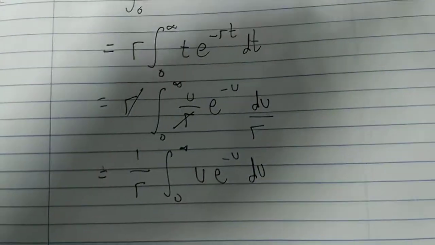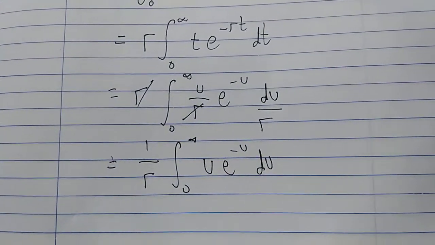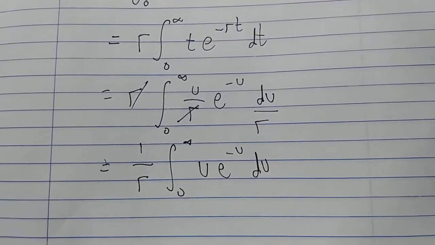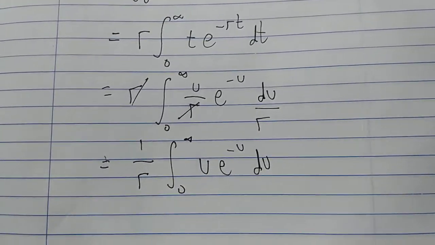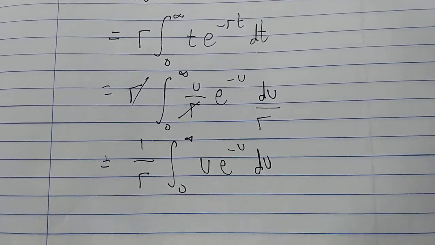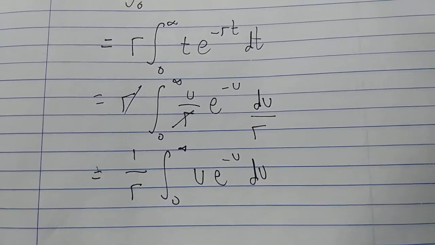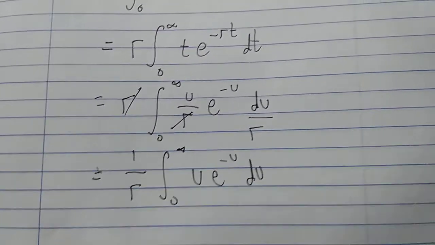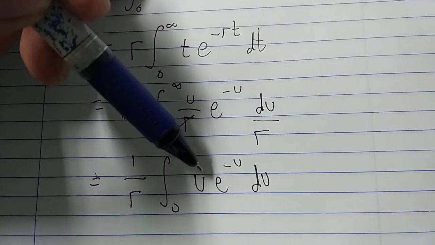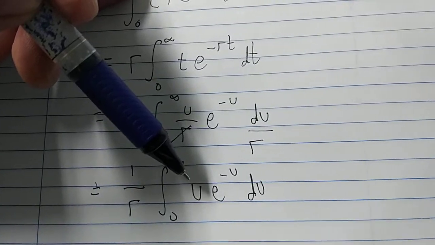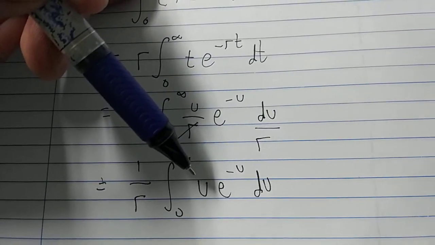The gamma function is defined as the integral from 0 to infinity of x to the n minus 1 e to the minus x dx, and for integer values of n it can be evaluated as a factorial: gamma of n is n minus 1 factorial.